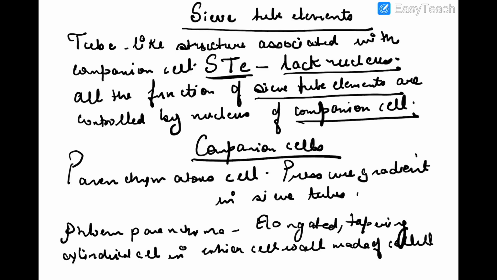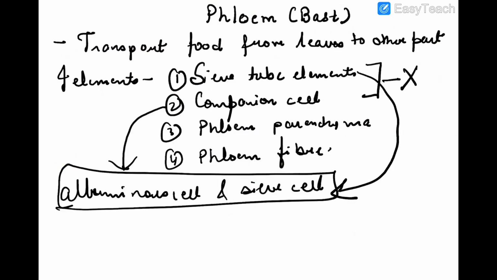And we know that out of all the components of phloem, only one component is dead, which is phloem fiber. Rest all components are living. Only phloem fiber is a dead component, which is opposite to that of xylem, in which all the components were dead and only one was living.